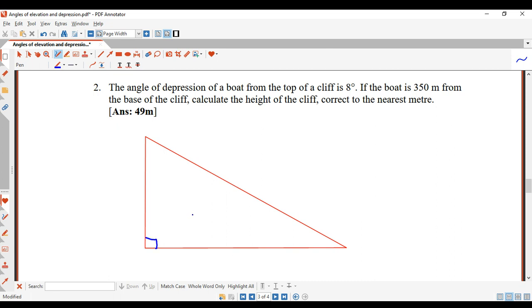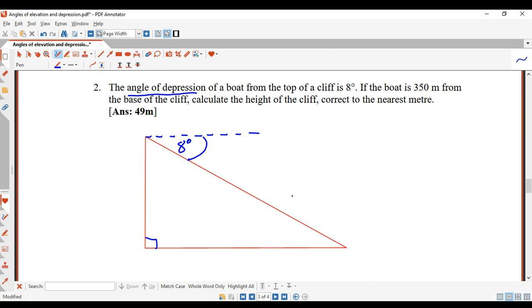Now it says the angle of depression from the top of a cliff is 8 degrees. So that means you need to have a dashed horizontal line starting at the very top. Now that angle there is my angle of depression, and it's 8 degrees.